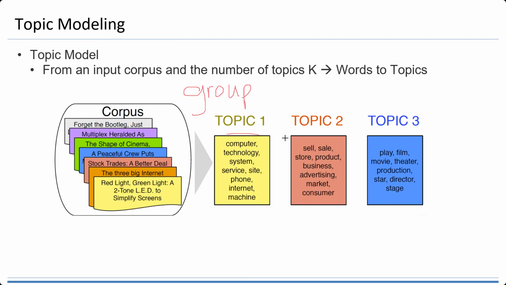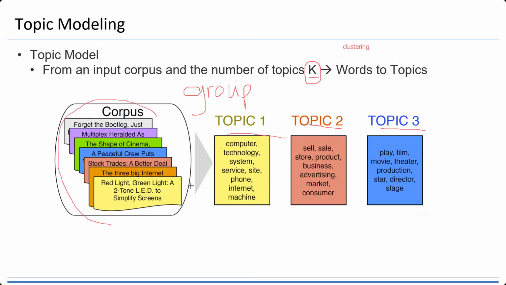Then we need to decide the groups, and we can verify how many K, or how many groups, we want to create. Maybe the basic idea is similar to clustering. If you have learned data mining or data science, you know about clustering. So the idea is similar to clustering.